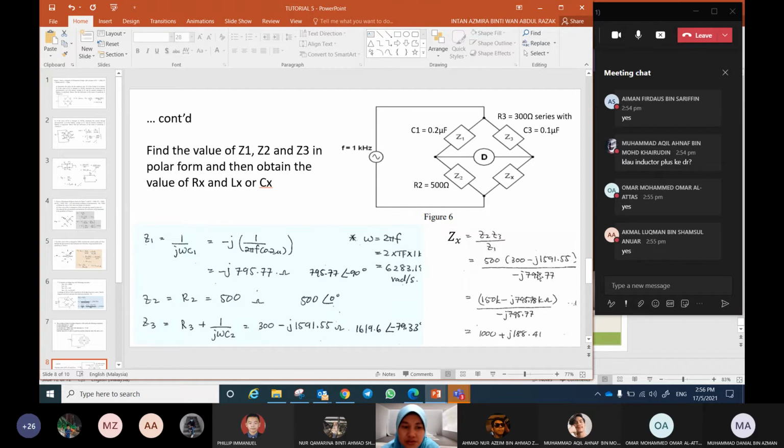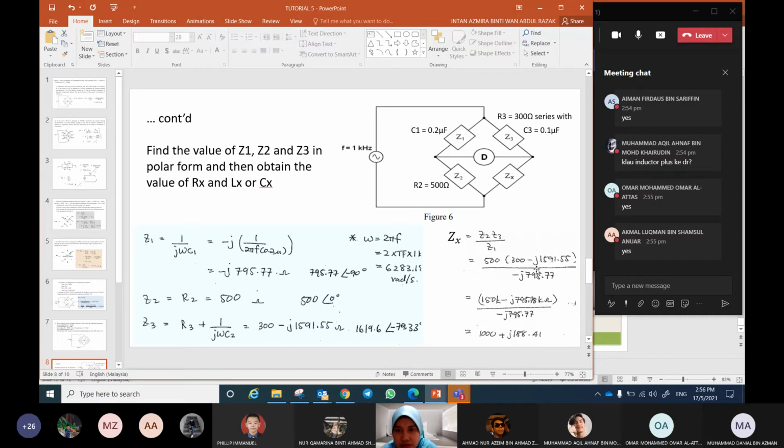You can mix polar form and rectangular form in your calculation. Z3 is in rectangular form or polar form, no problem. And then Z1, you can write minus j or you can write 795 with the angle of minus 90 degrees.